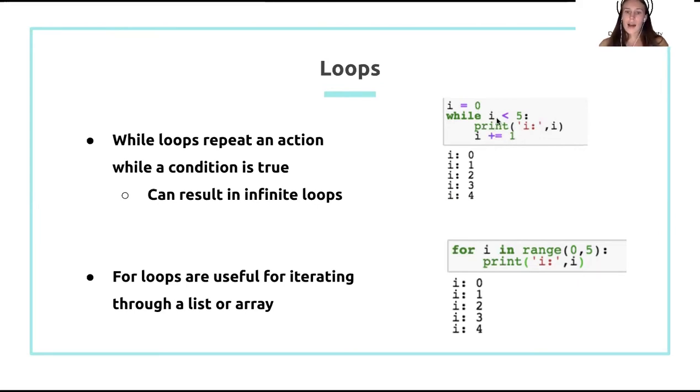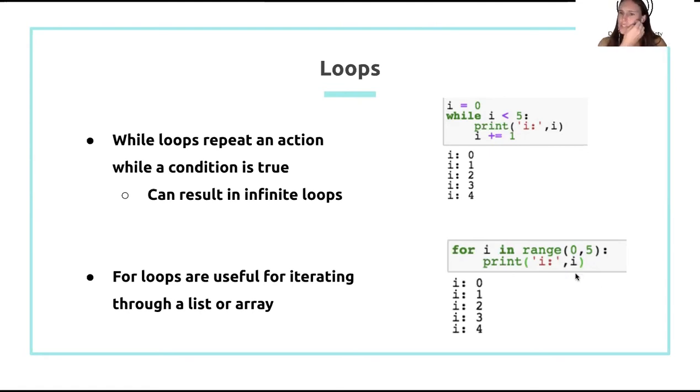I will continue while i is less than 5, and I will end when i is equal to 4. That will be my last iteration, because at this next iteration, i will be equal to 5 and no longer less than. This code does the exact same thing. For i in range 0 through 5, print what i is.